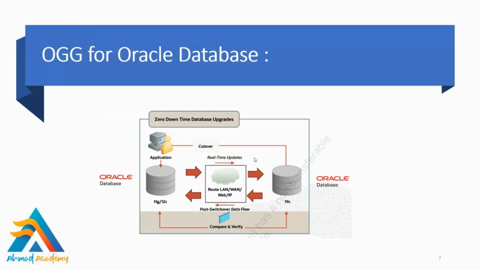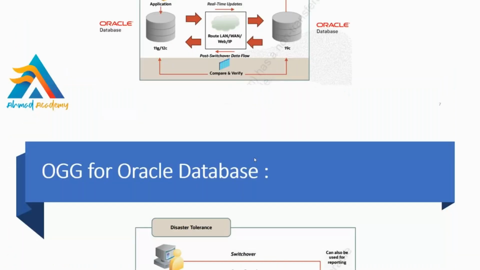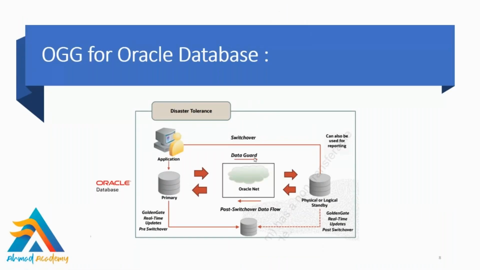Okay, and if you have disaster tolerance, suppose you are eliminating unplanned downtime with Active Data Guard. For disaster tolerance, Active Data Guard is a best practice for Oracle databases.